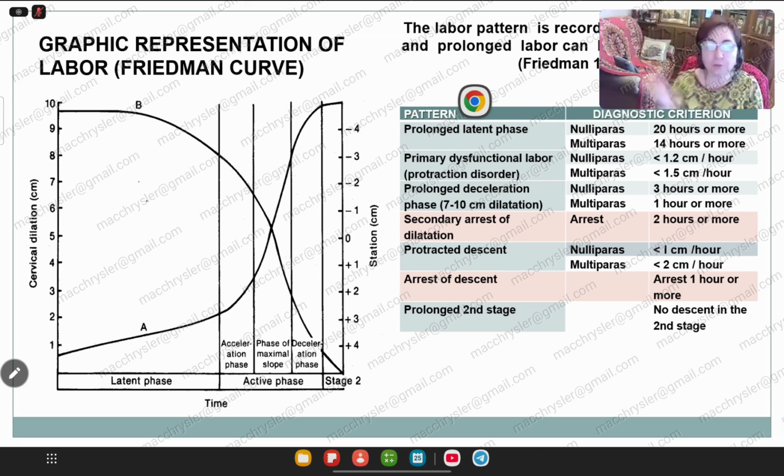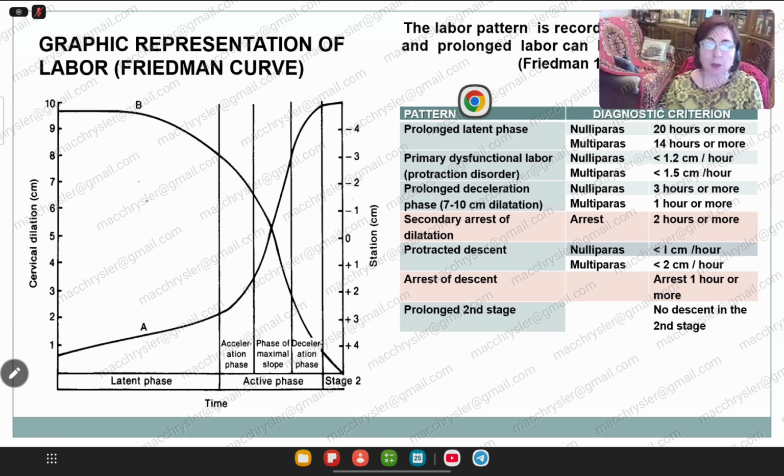It's necessary, for example, like here you can see how much time we are able to wait and give for a normal delivery for any woman. For example, a prolonged latent phase is longer for nulliparous, 20 hours, for multiparous only 14.